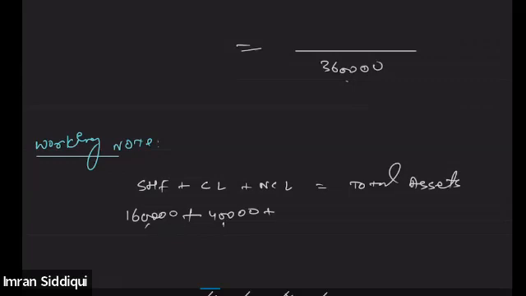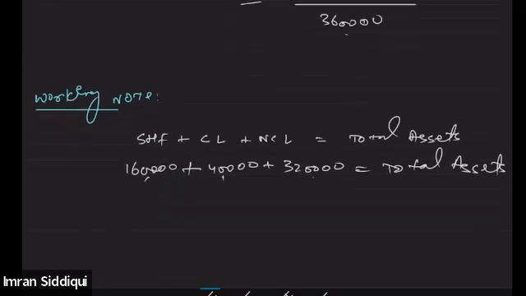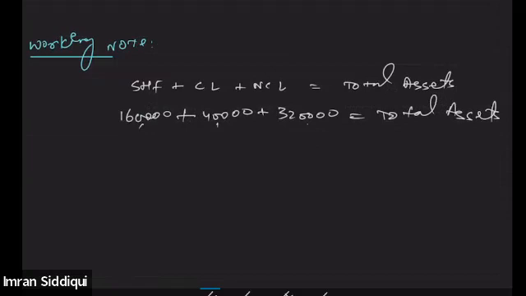So if the current liability is 40,000, then the non-current liability should be 3,20,000. Can we say that? Now totaling it, we will get the value of the total asset. It will be 5,20,000. Understood? Is this clear?